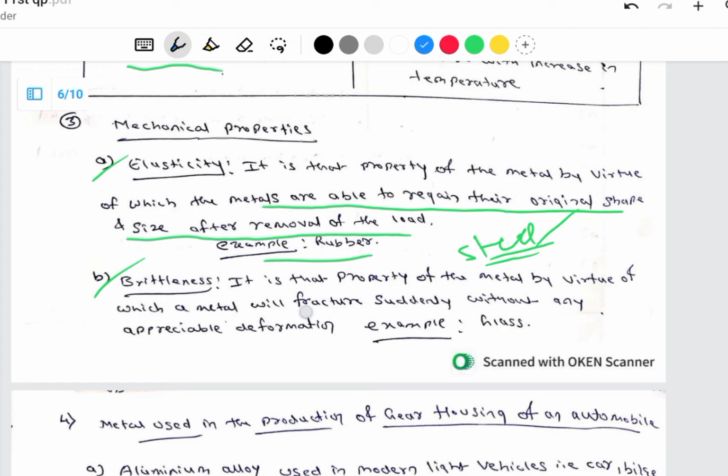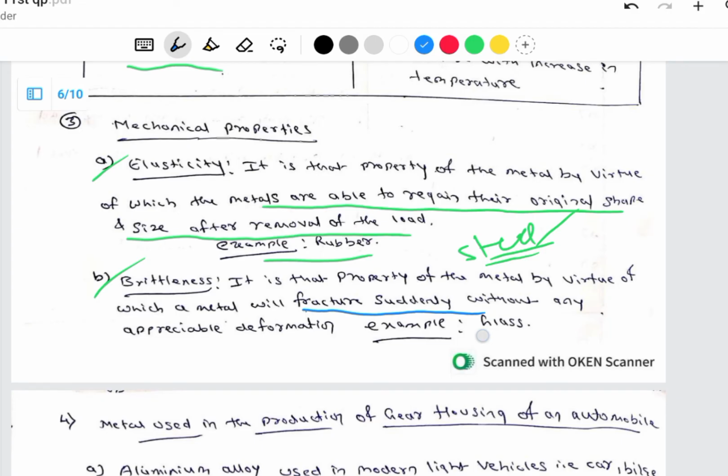They might ask this one as a fill in the blanks. So next one is brittleness. It is the property of a material by virtue of which the metal will fracture suddenly, for example when you apply sudden hammering or sudden forces. If it breaks, then the material is a brittle one.